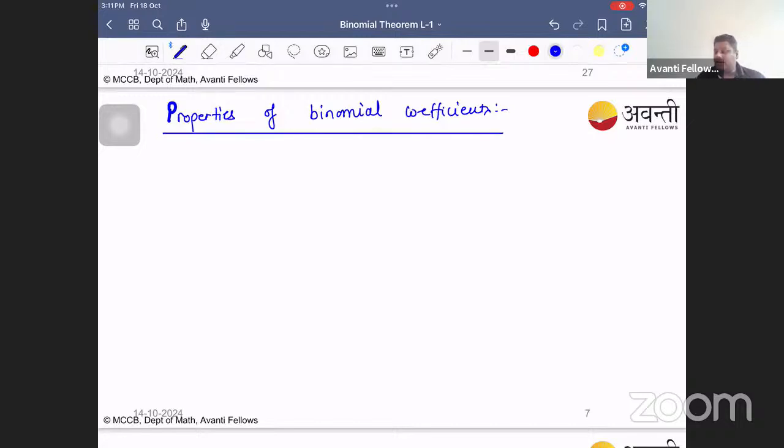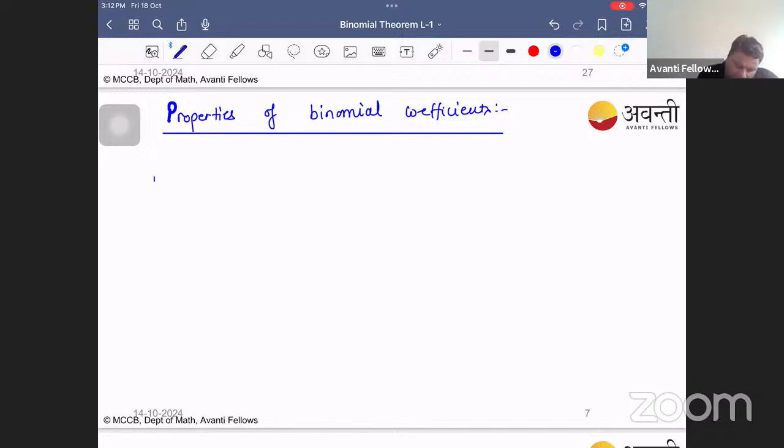And before starting that, you remember this thing? That C naught, C1, C2, those are binomial coefficients. Getting my point? Now, if you remember, the expansion we have done of a plus x raised to the power n.